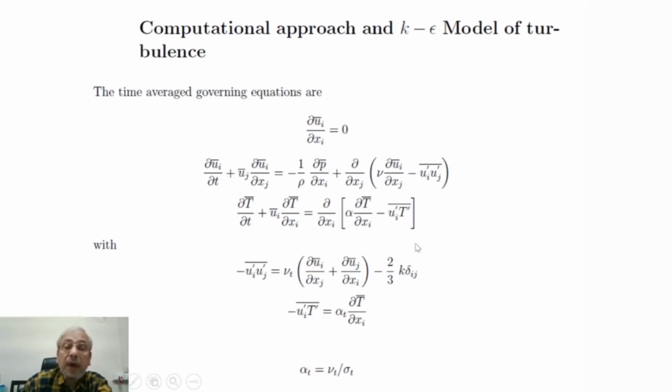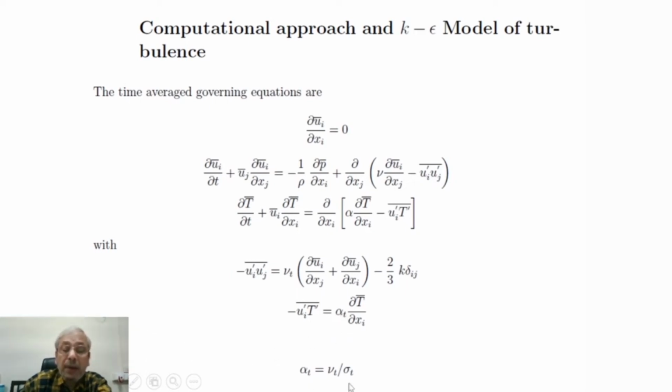Also, to close this mixing driven component of heat transfer, we can write minus ui prime T prime over bar equal to alpha t del xi of T bar. In this system of equations, we can see nu t and alpha t are not known.